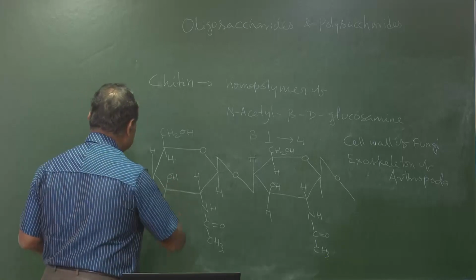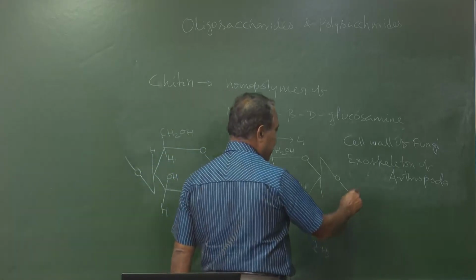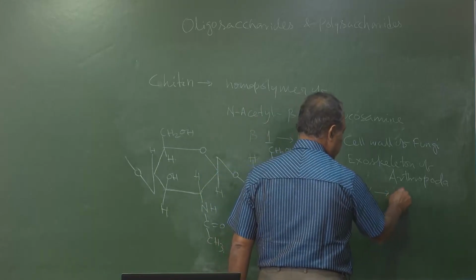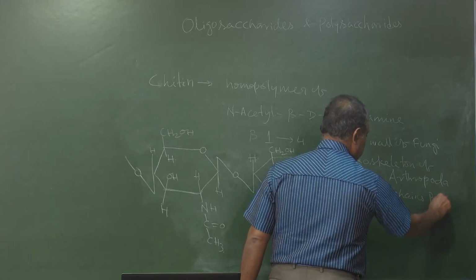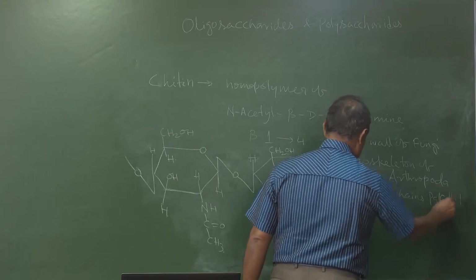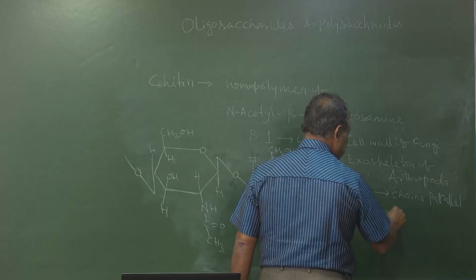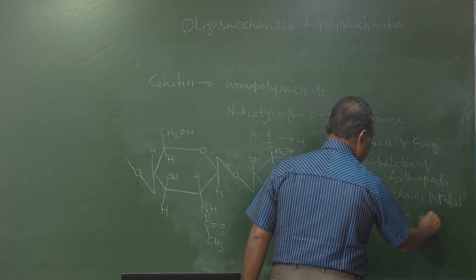In alpha chitin, chains are parallel. In beta chitin, chains are anti-parallel.